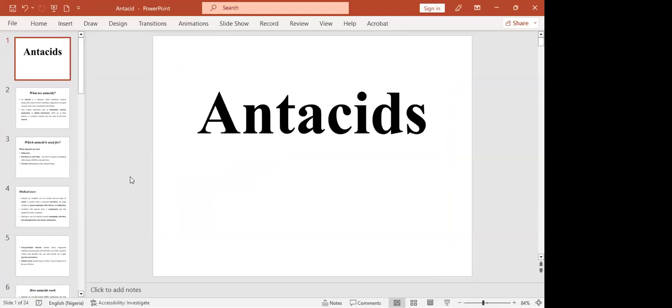Okay, so what does proprietary name mean then? What does proprietary name mean?